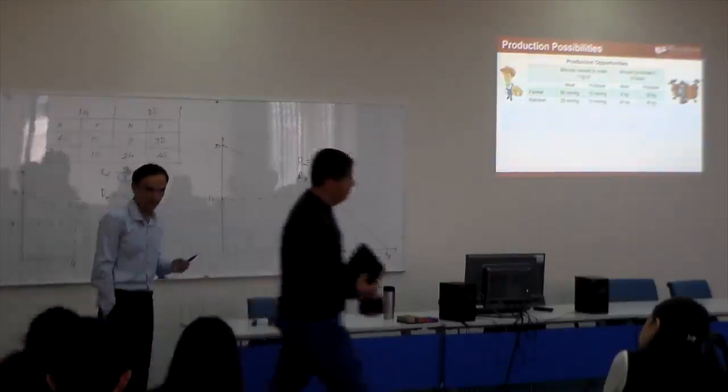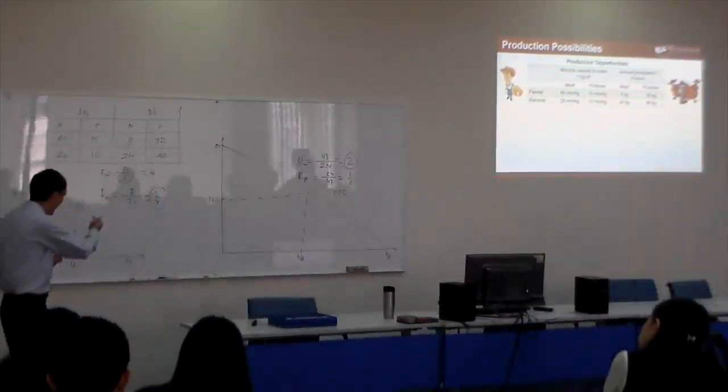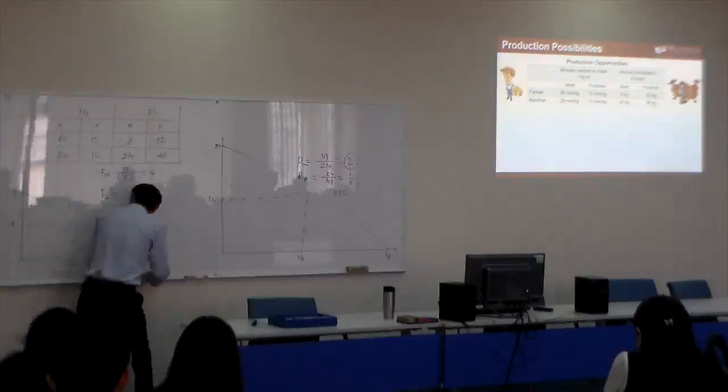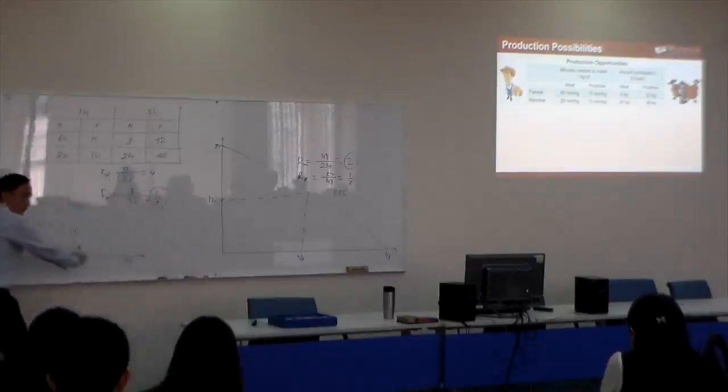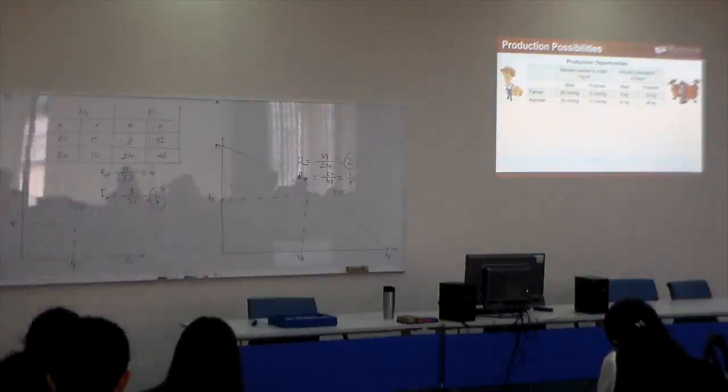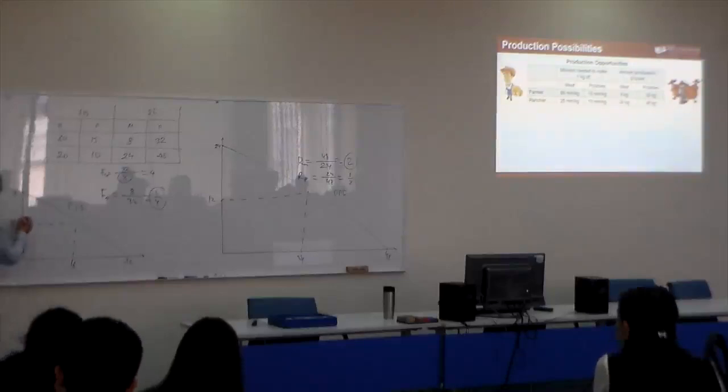Do you understand? If you only produce potatoes, you are able to produce 32 kilograms. Just produce this, don't produce meat. In exchange, I will give you 5 kilograms of meat.